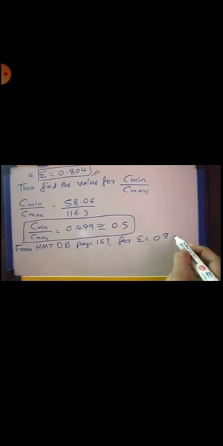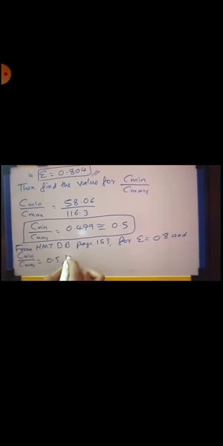For the value of epsilon equal to 0.8 and C minimum by C max equal to 0.5, we get the value for NTU as 2.3. So we get the value for NTU as 2.3.